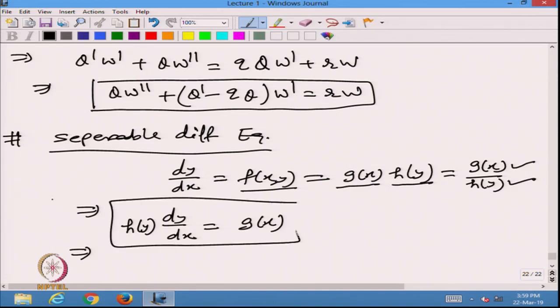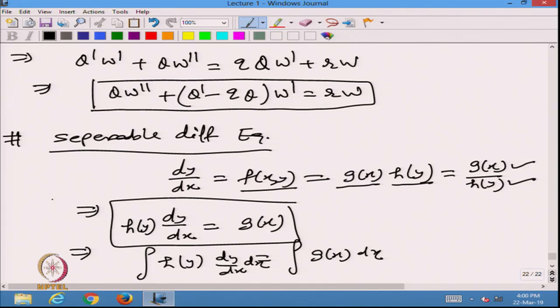I want to put this equation in some form like some function of y, and this one I want to solve. Now, I will integrate this both sides with respect to x. I have h(y) dy by dx is equal to g(x) dx, so with respect to x I am integrating.